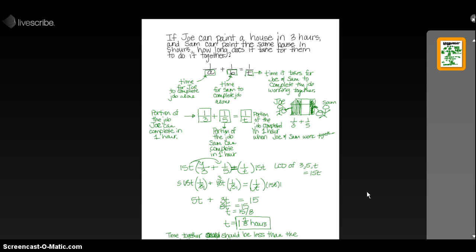So Joe was quicker at painting the house. He was 3 hours. So if he's going to have help, he wants to chop that 3 hours down to less time, or else he would just do it by himself in 3 hours. Why would he take more time if he could do it by himself in 3 hours? So this 1 7/8 of an hour, since that's less than 3, it makes sense. So our final answer is 1 7/8 hours.